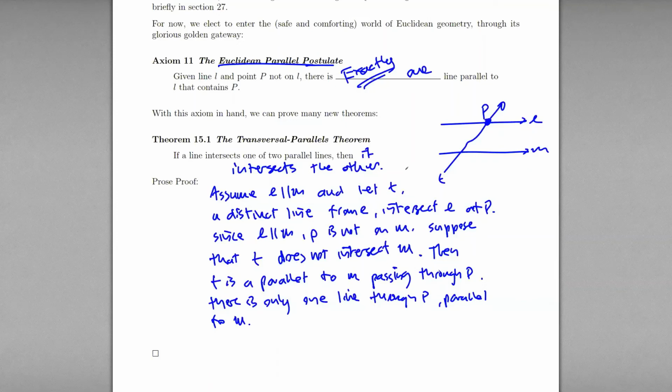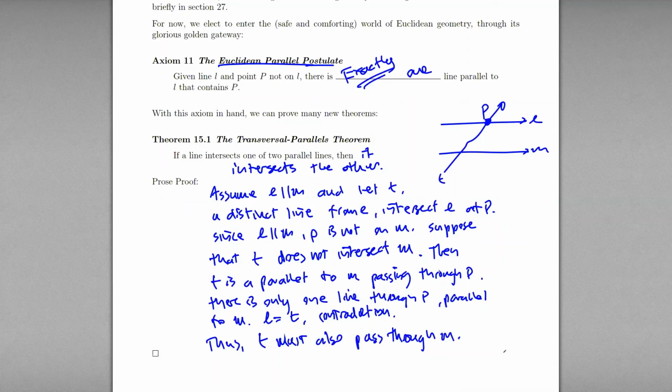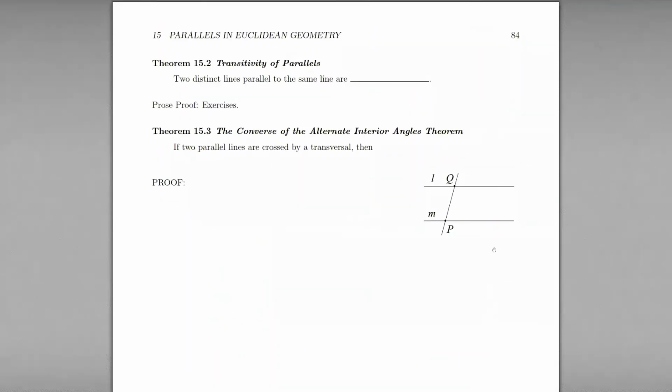That tells us that the line L and the line T are not distinct. L and T are the same line. But that is a contradiction. Thus, T must also pass through M. There we go. Excellent. And that's all that we needed there.